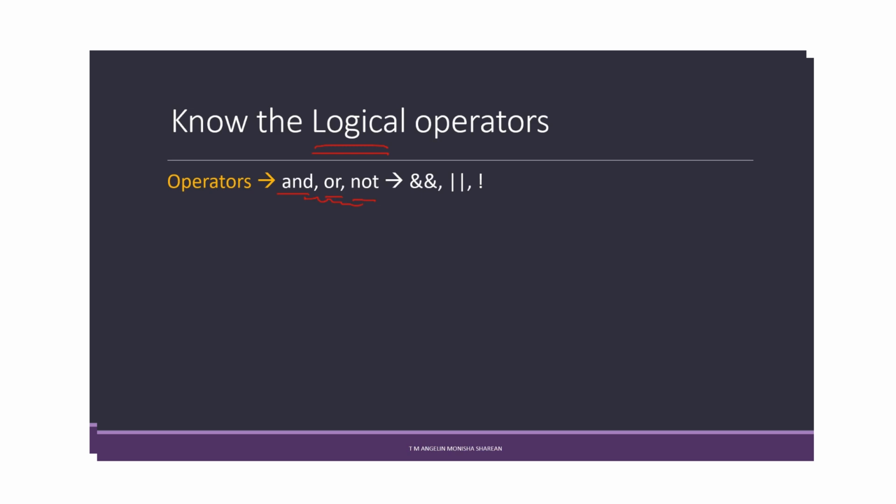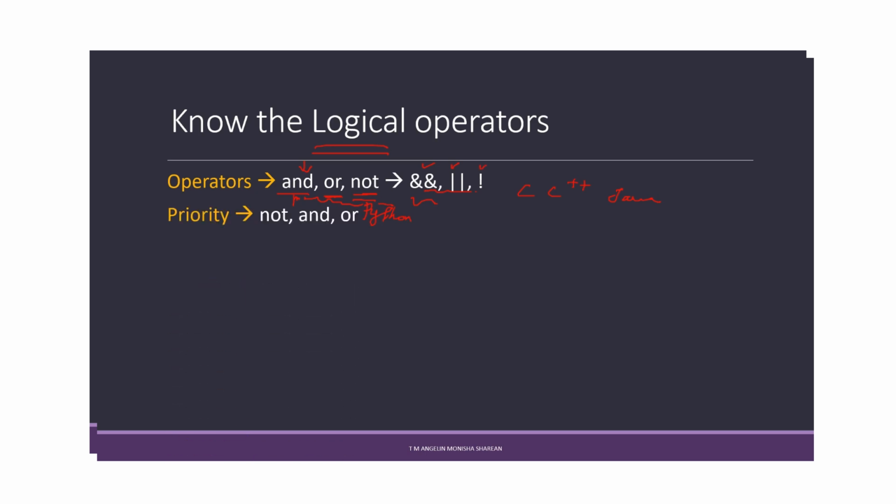These are the keywords used in Python, and also the keywords used in most of the common languages such as C, C++, Java, etc. And does the operation similar to the logical AND operation we have learned in smaller classes, and or and not also do the same. This is the representation in Python, and in other languages we use double ampersand, double vertical line, and a single exclamation mark for not.